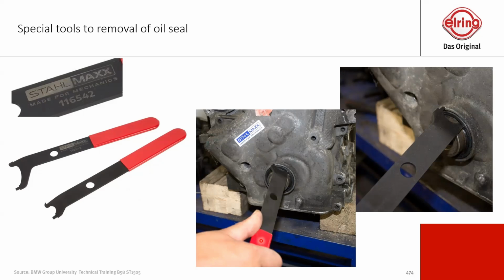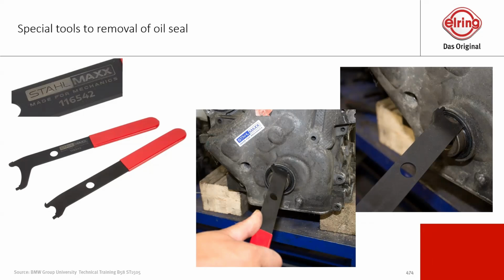If I show this in a real demonstration, and if we are lucky and I can come by the Dodge, then you will see in real how we can remove an oil seal in under 1 second, without drilling holes and whatever, and without destroying the shaft. This is really a clever tool. So only some hints from my side.